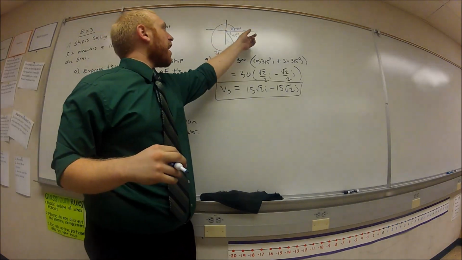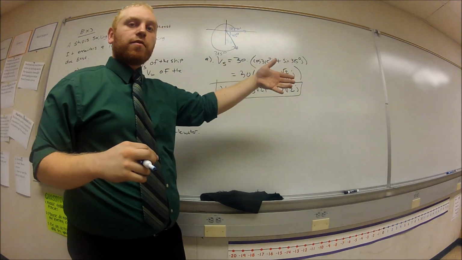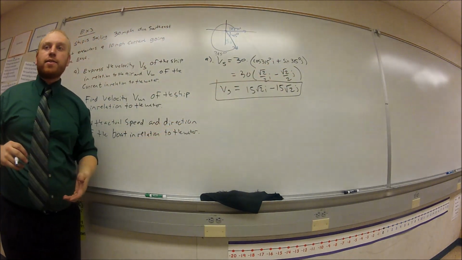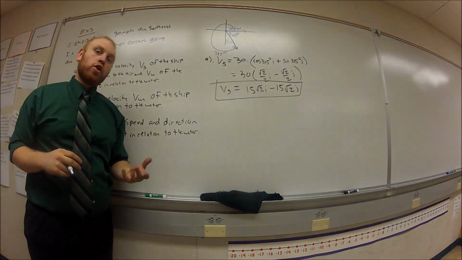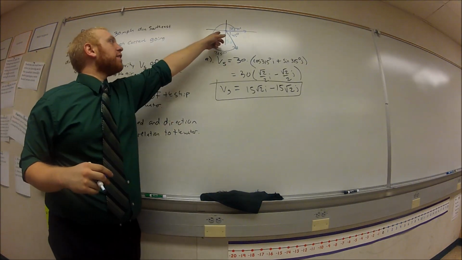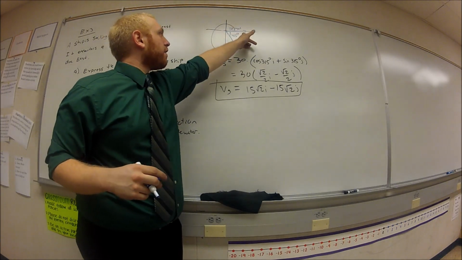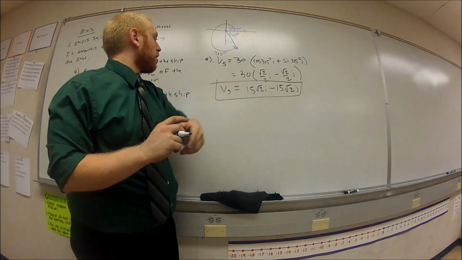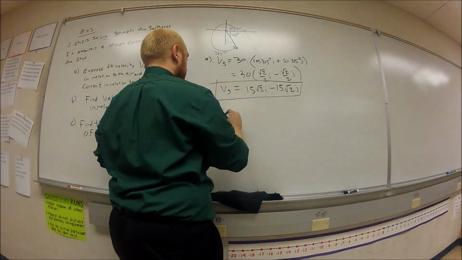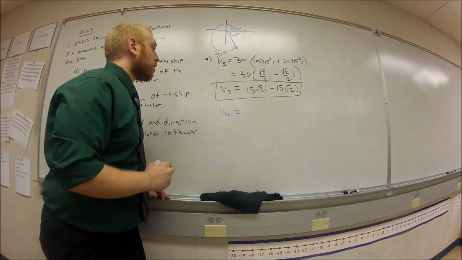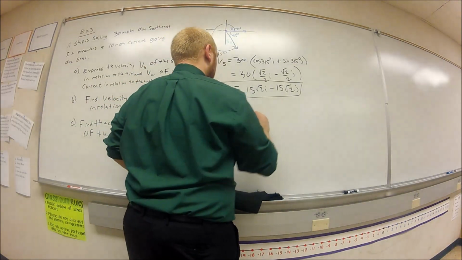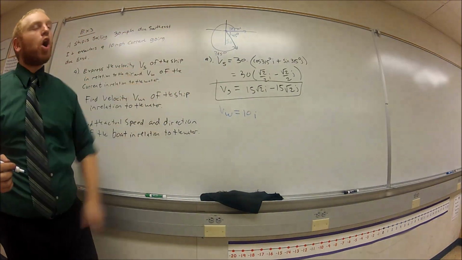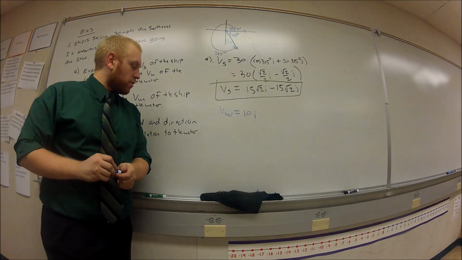And it's going in the x direction, and it's positive. So it doesn't have a j component. It only has an i component, no j because it didn't go up or down. It was due east.